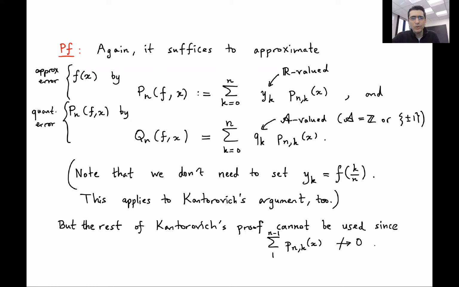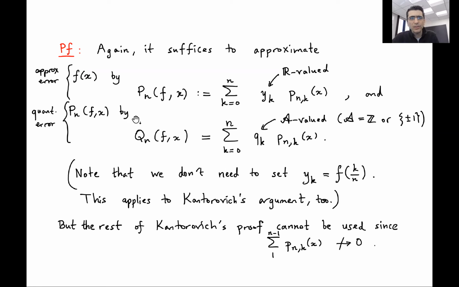So again, there are two stages of approximation. The first one is approximating f by a suitable polynomial with real valued arbitrary coefficients. And the second stage is taking that polynomial and rounding it.